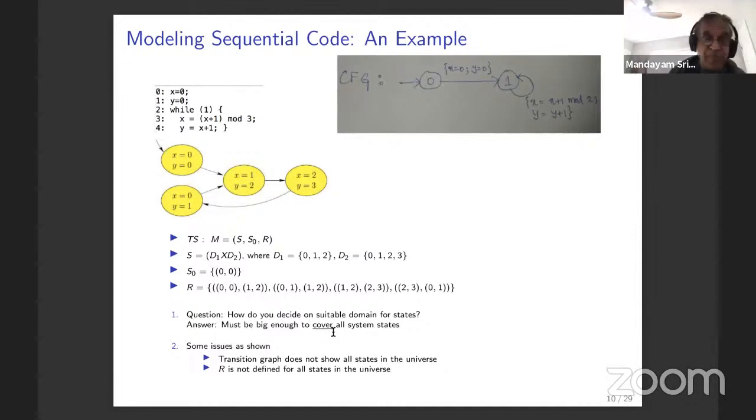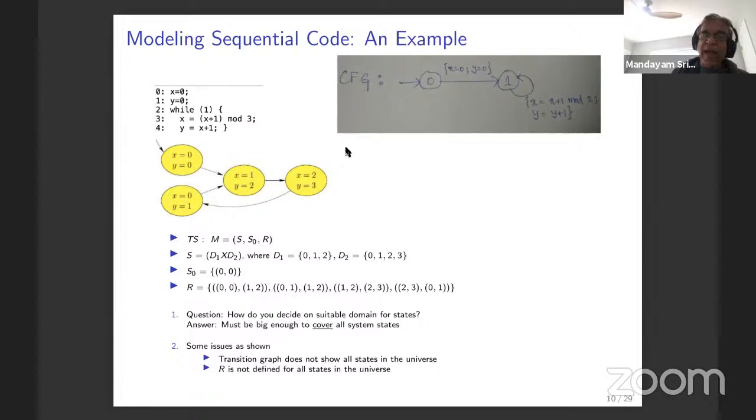That is okay. So if I choose natural numbers as the domain over which X and Y range, because that's how programs are written, then of course this is not a complete characterization, correct?